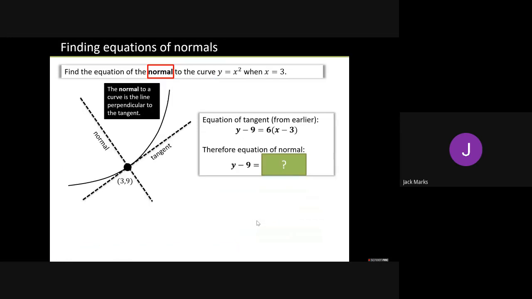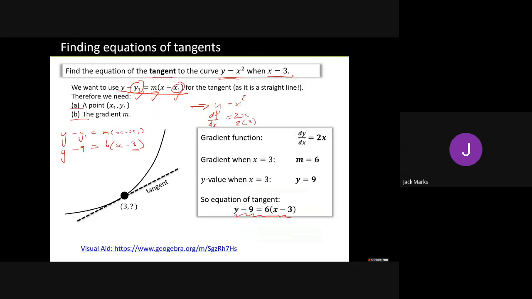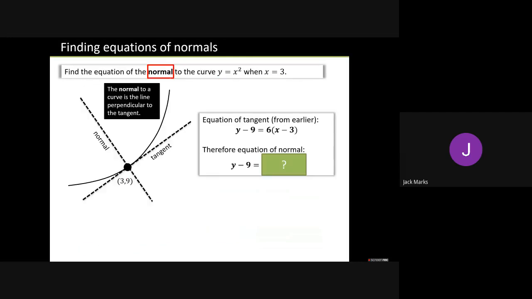So that was a tangent, because a tangent just touches and it's the gradient at that particular point there. What about a normal? A normal is at right angles to a tangent.